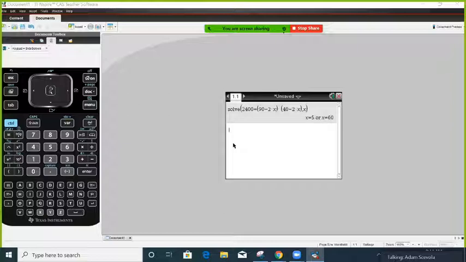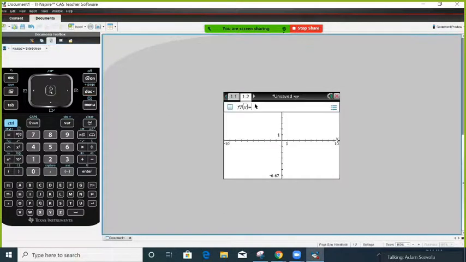Now, if you don't have a TI Nspire, where you have a solve function, you could always graph any equation by graphing both sides. So if I graph y equals 2,400, and then f of x or y equals 90 minus 2x times 40 minus 2x, then I could graph both sides and see where they intersect.